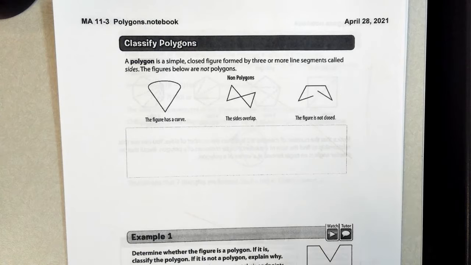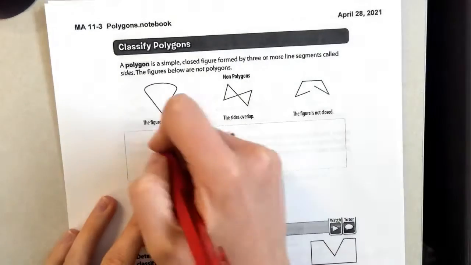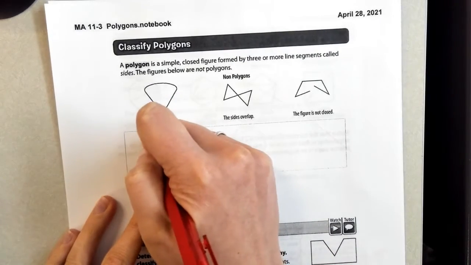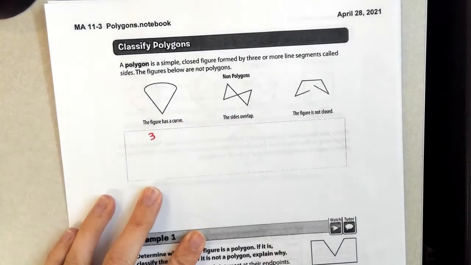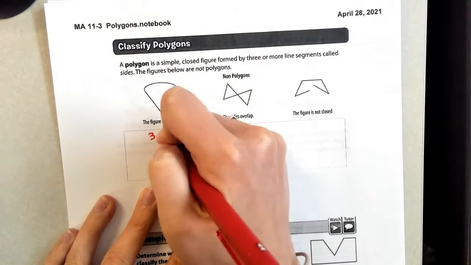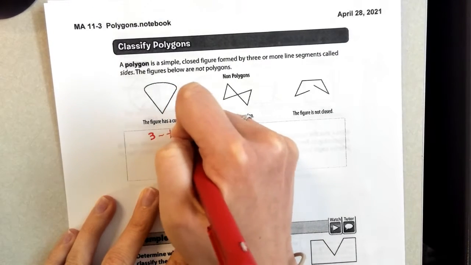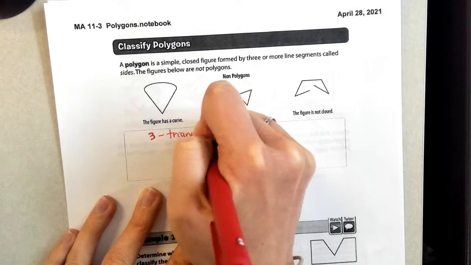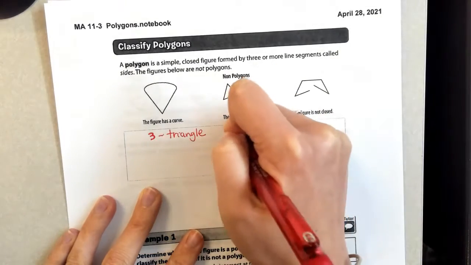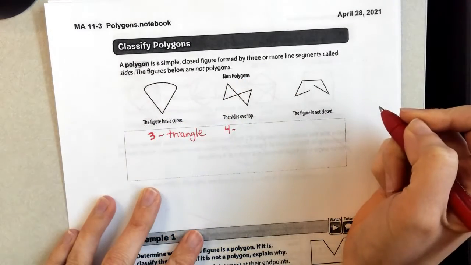Okay, so there are some polygons that you know, and the first one is a 3-sided figure that is closed. That's a polygon, a triangle. What do we call our 4-sided polygon?